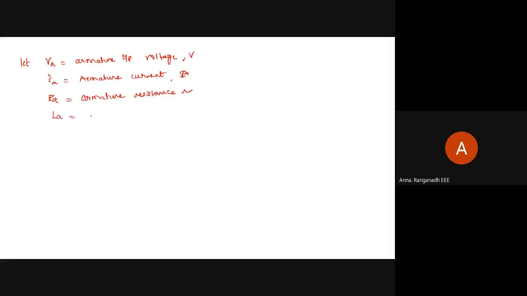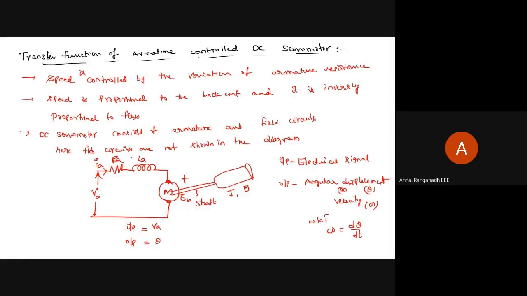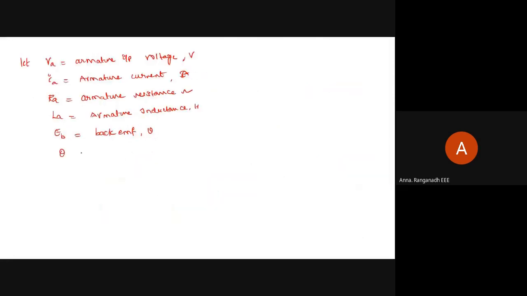LA is the armature inductance, in henries or millihenries. EB equals the back EMF of the machine, in volts. So I have written VA, IA, RA, LA, the back EMF, and here the motor is moving in the angular direction, so it is theta. Theta is nothing but angular displacement.